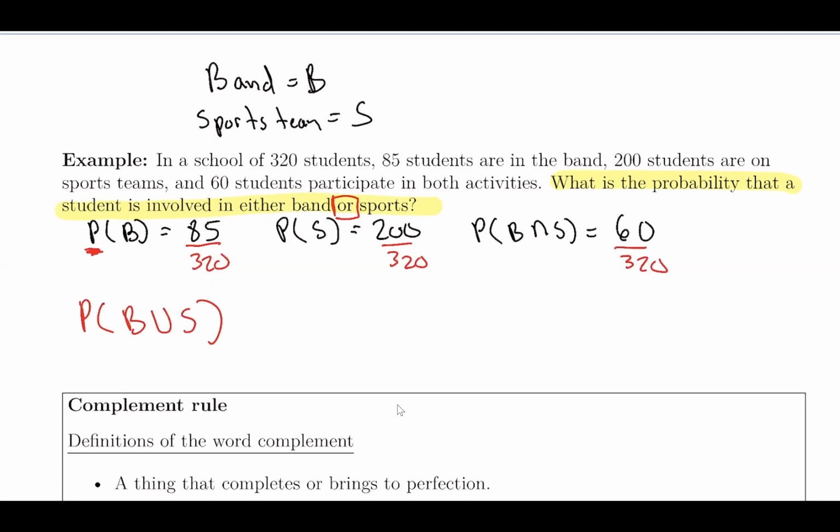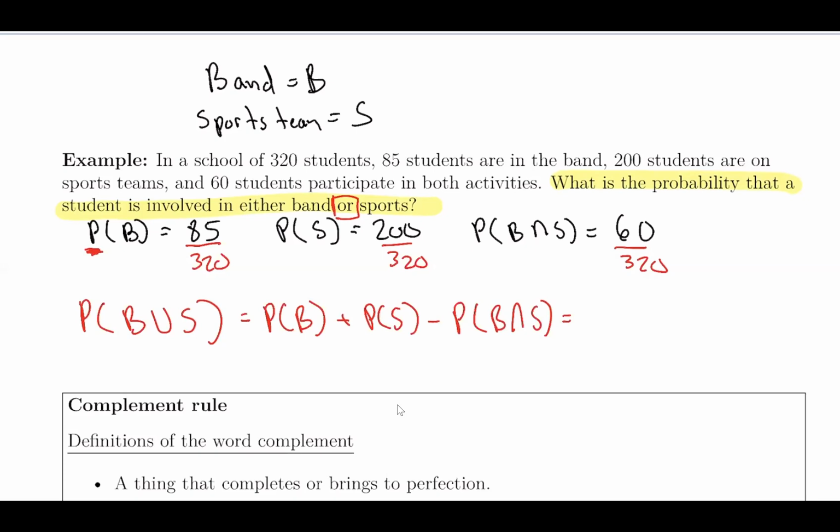All right. So for this one, we're going to have to find the probability of B added to the probability of sports, subtracted from the probability of band and sports. So remember, if you just label everything correctly, this should be nice and easy.